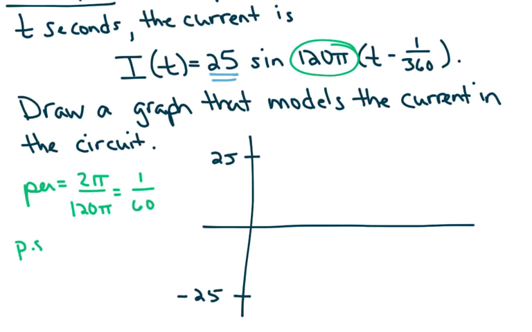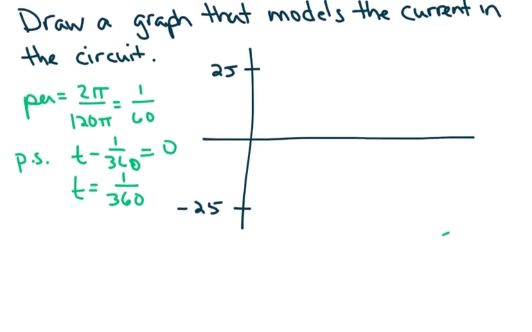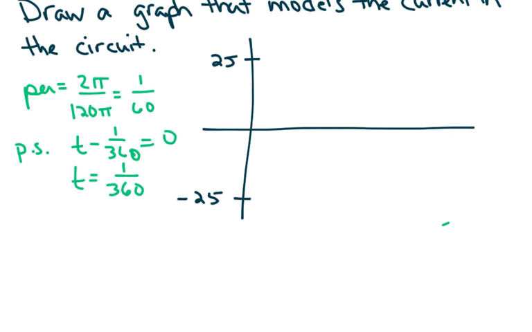To find the phase shift, you take what's inside the parentheses, and you solve for the variable. And since the variable is t, that's what we're going to solve for. So t is going to be positive 1 over 360. Sorry, that's a 0. So when I draw my 1 period, where's my starting and ending?